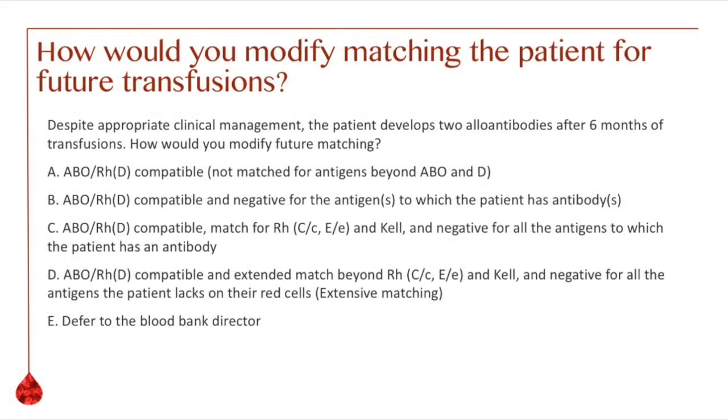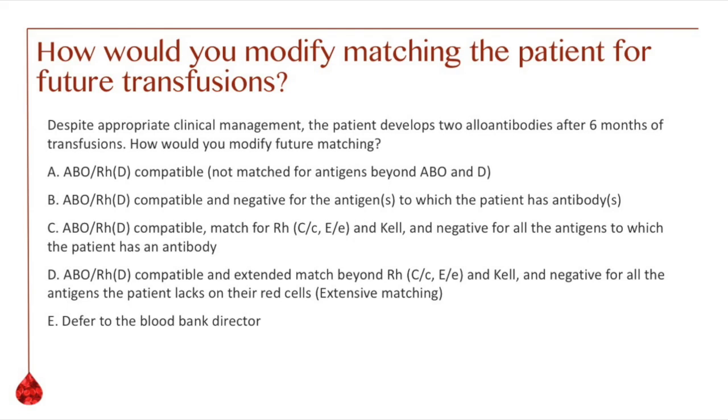Despite appropriate clinical management, our patient develops 2 alloantibodies after 6 months of transfusion. How would you modify your matching of the patient for future transfusions? A. Cross-match for ABO-RHD compatibility only. B. Cross-match for ABO-RHD compatibility and the antigens to which the patient has antibodies.